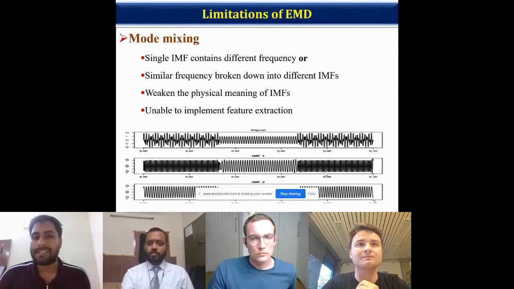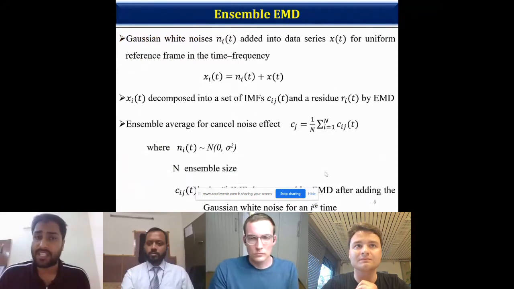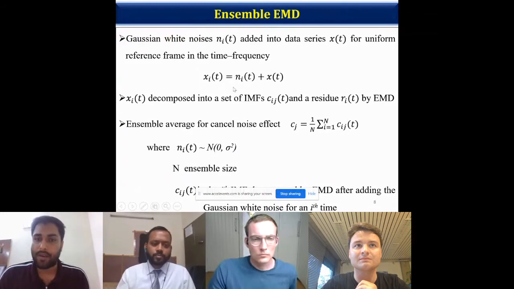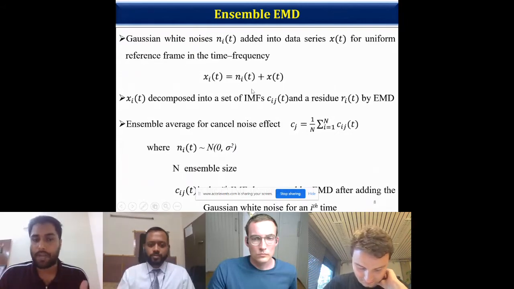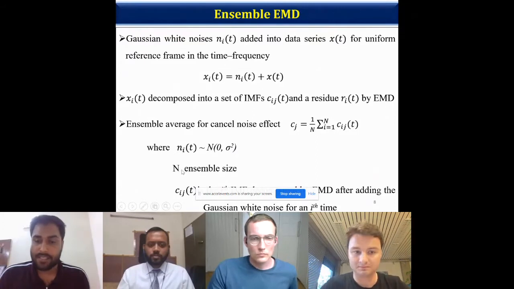To overcome this problem, next ensemble empirical mode decomposition, EEMD, was used. We have to add white noise to our original series, and N is our ensemble size.